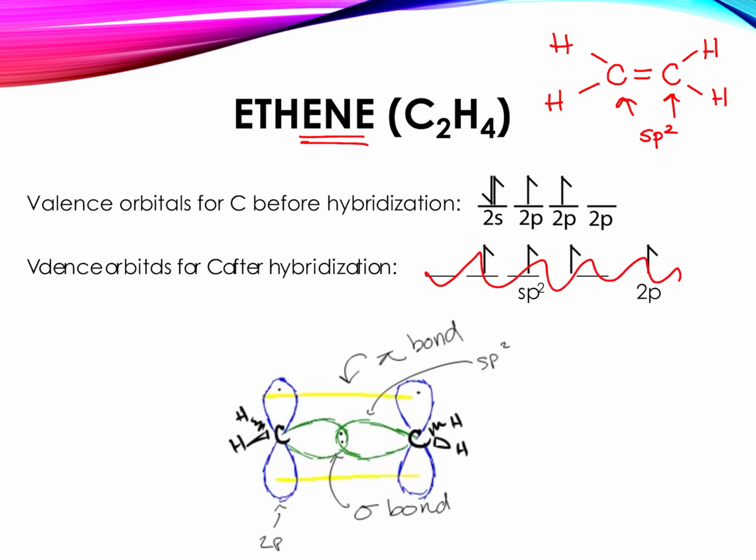After hybridization it's going to have 3 sp2 orbitals with 1 electron in each, and then a 2p orbital with 1 electron. Double bonds will always have 1 electron in that 2p or 3p, because that's how we're going to form the pi bond out of that 2p.